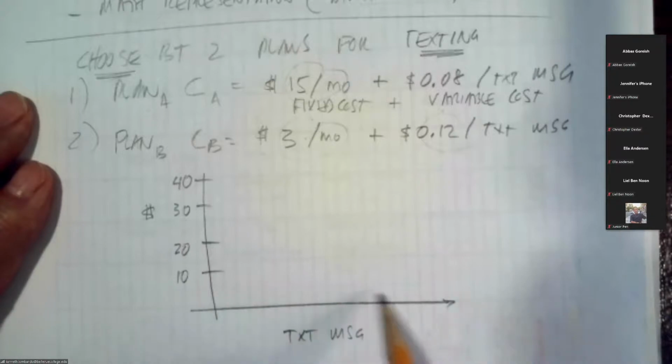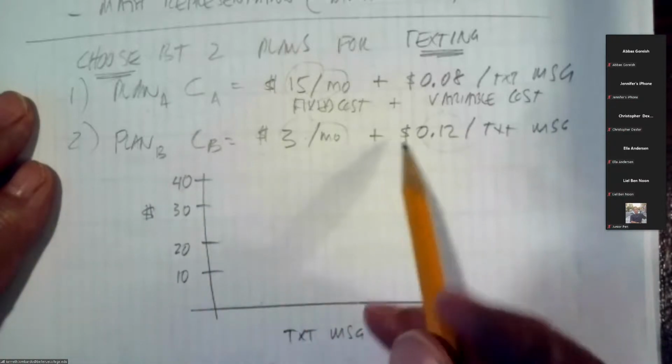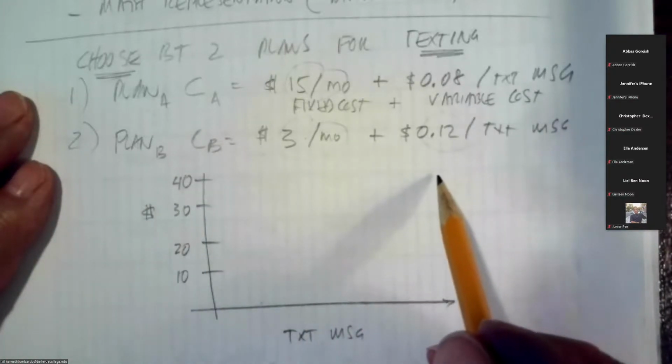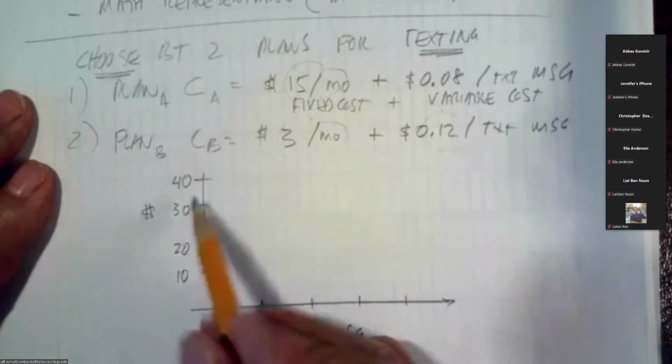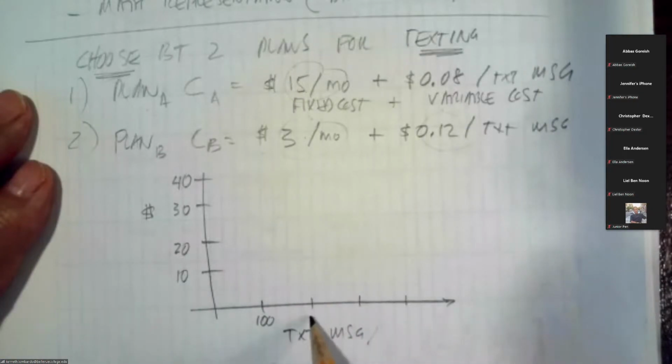well, I'd probably better put something across the bottom here. And we don't know how many text messages. So let's just take some guesses here. Let's put some hash marks out here, and let's say we go 100 text messages, and this is just the number of text messages that we send, and maybe we have 200, maybe 300, maybe 400.